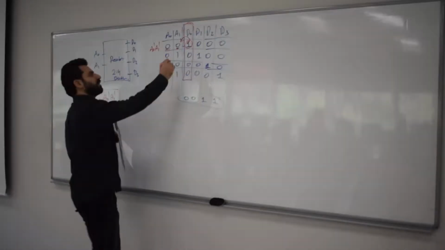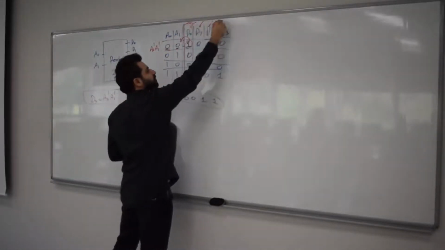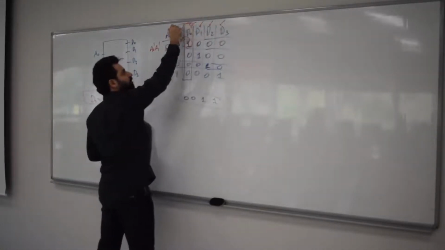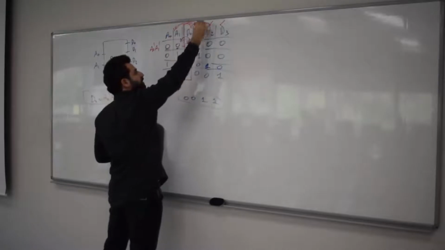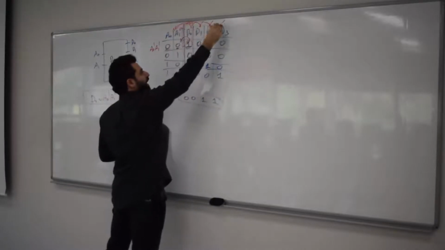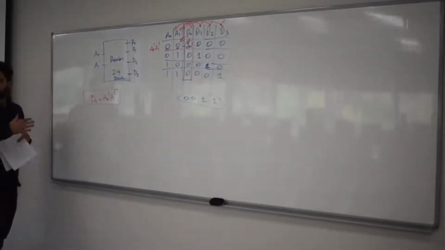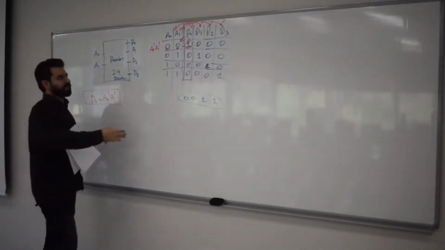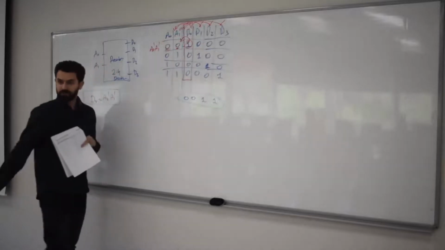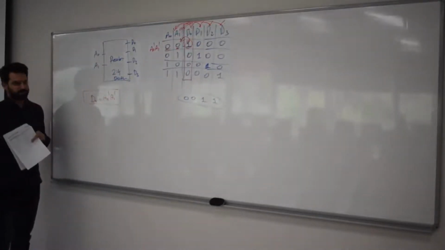I'm actually treating every one of these D's as functions, right? Because D0 is a function of the two inputs, D1 is a function of the inputs, D2 and D3 are functions of these two inputs. I'm going to find Boolean expressions that correspond to these outputs in terms of inputs.